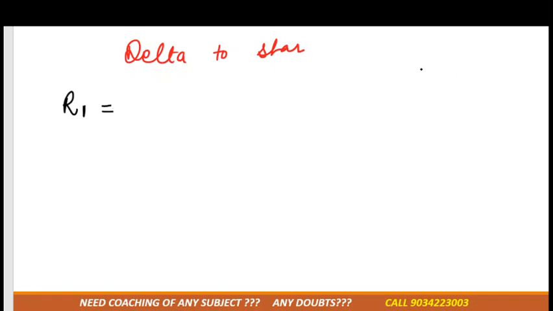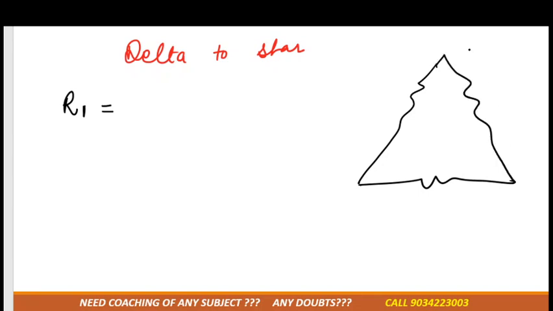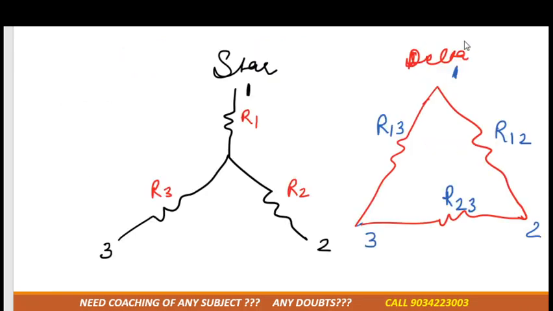How will we get the formula? Just draw the diagram again in a single way. Suppose this one is 1, this one is 2, and this one is 3. In this diagram only, I am drawing the star diagram like this. As in the previous one, 1 was this, 2 was this, 3 was this.